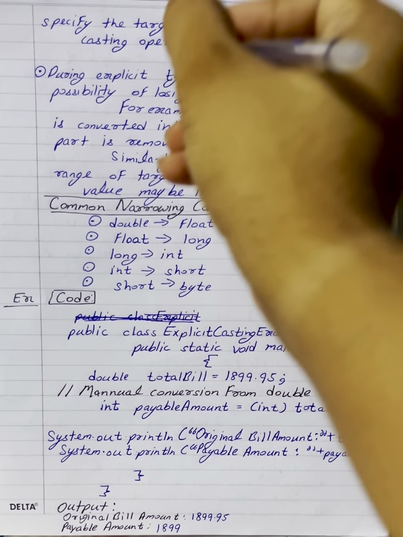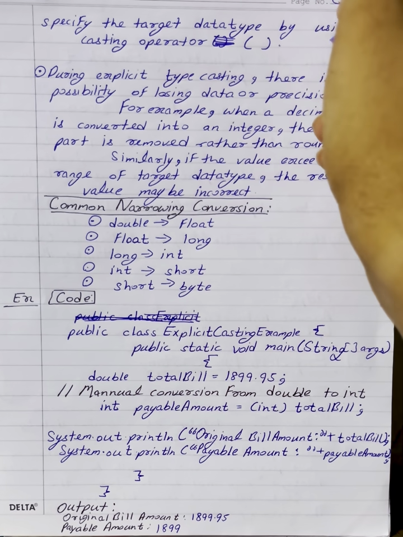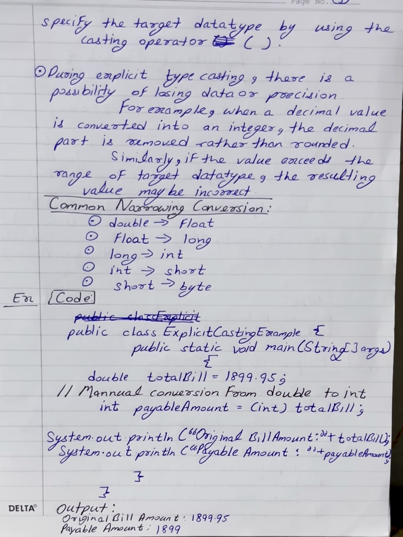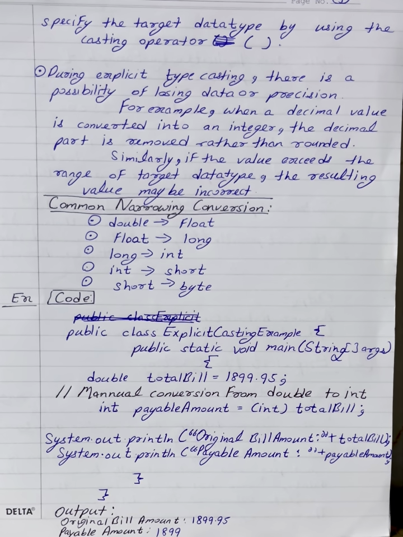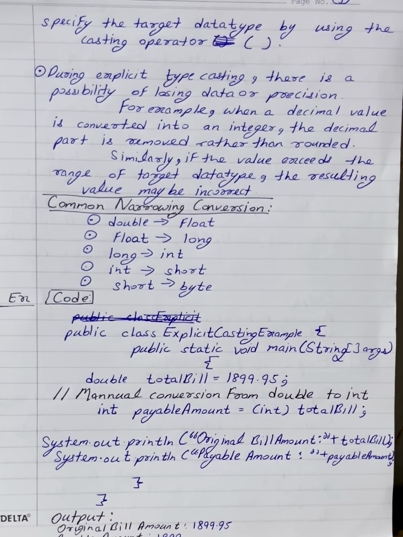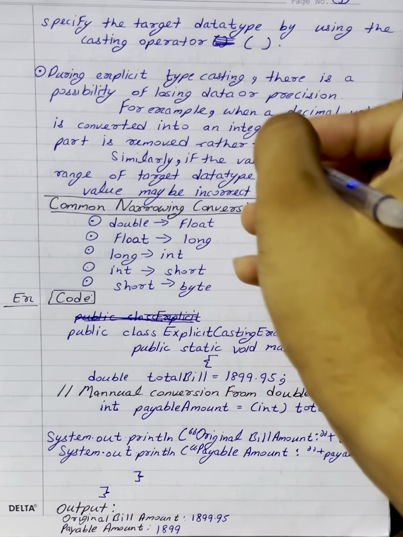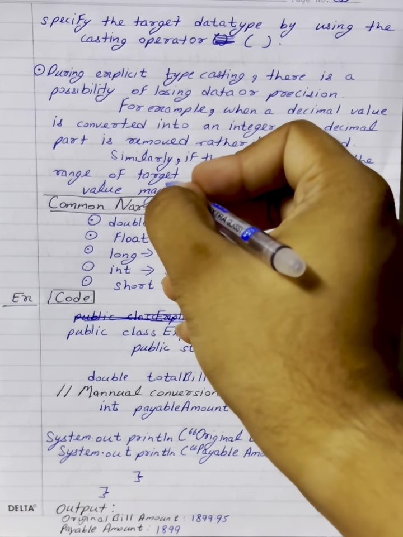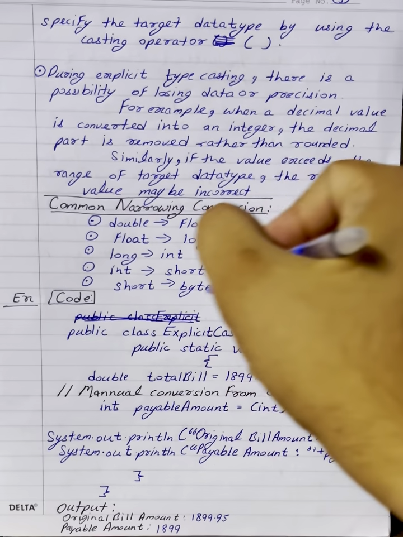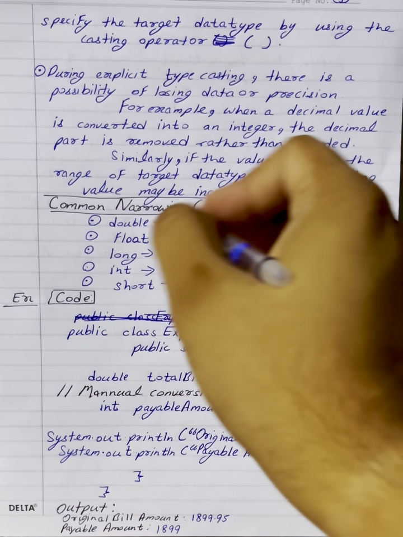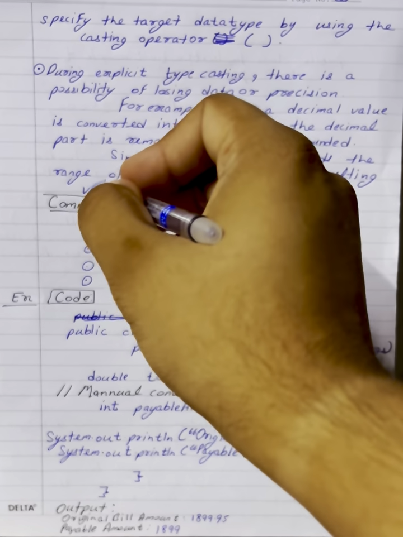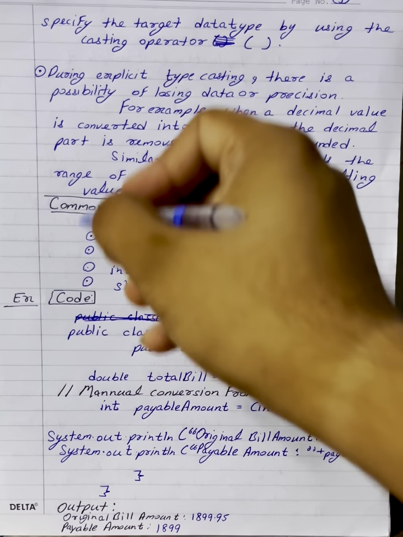Now, during explicit typecasting, there is a possibility of losing data or precision. For example, when a decimal value is converted into an integer, the decimal part is removed rather than rounded. And similarly, if the value exceeds the range of the target data type, the resulting value may be incorrect. Apart from that, these are some conversions that you can see: double to float, float to long, long to int, int to short, short to byte, which means larger to smaller, as you can see.